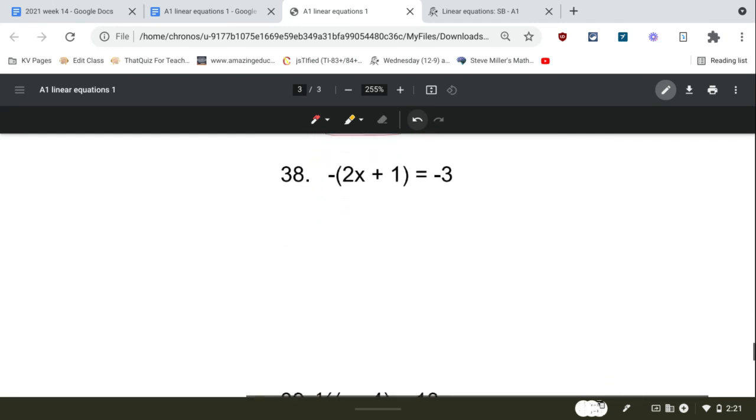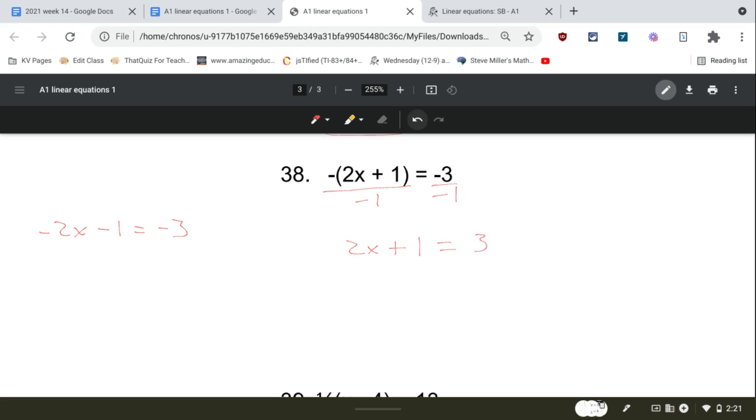So on 38, I could distribute the negative inside, which would give me negative 2x minus 1 is equal to negative 3. And I could work it out that way, which is a fine way. What I'm going to do instead, since I notice I just got a negative on both sides, like negative 1 times all of this stuff, and I've got a negative 3 over here, I'm just going to divide both sides by negative 1, and that's going to leave me with 2x plus 1 is equal to positive 3.